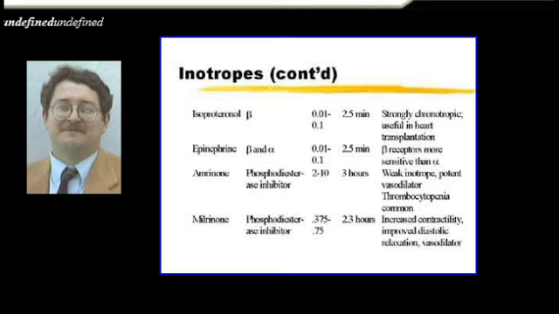Milrinone is more commonly used now than amrinone. Both of these agents have fairly long half-lives and act as both inotropes and vasodilators. Amrinone has a common side effect of thrombocytopenia, which is less common with milrinone. Both of these agents improve diastolic relaxation.